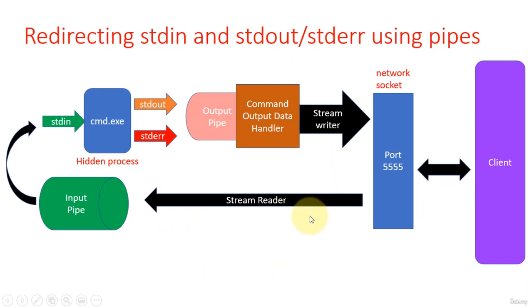In the coming practicals, I'm going to show you how to create this output pipe along with the command output data handler, how to create the input pipe, and also how to use the stream reader and hook it up with the command output data handler, and how to hook up your stream reader with the input pipe.